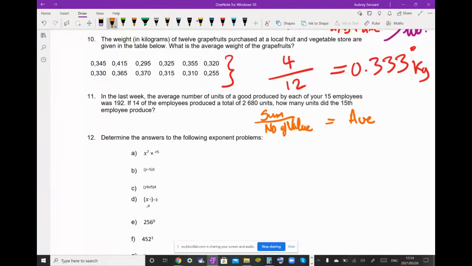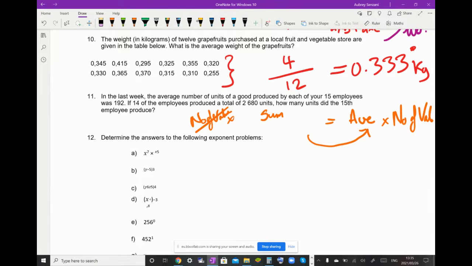So we have the average and we have the number of values, but we don't have the sum. So we want to work out the sum. In order to do that, we need to throw this over there, and we do that by timesing by number of values. This is obviously going to cancel out that, so I'm just going to erase it for the sake of having things look a bit neat. Then what's going to happen?